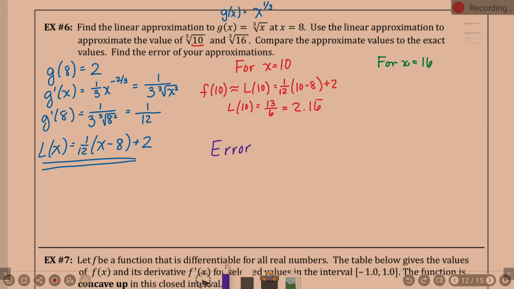So what are we going to do for the first one that we did? It's going to be the cube root of 10, your original value, minus our linear approximation value, which is 2.16 repeating.